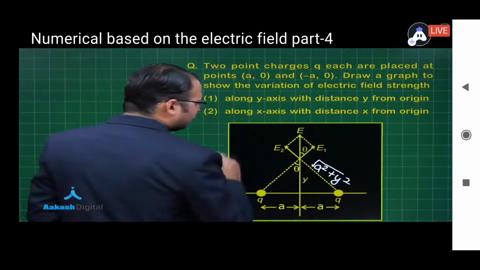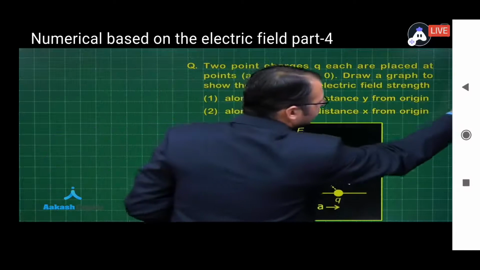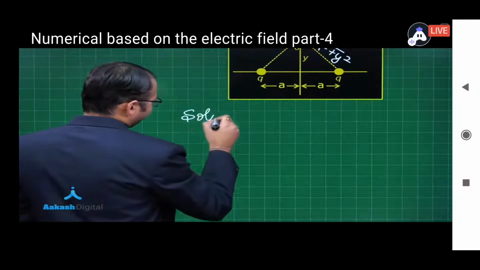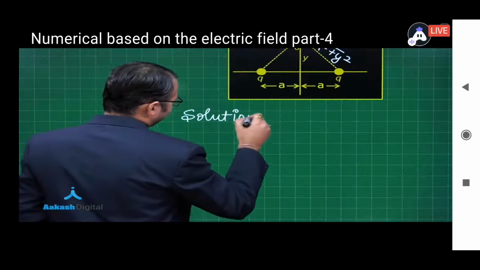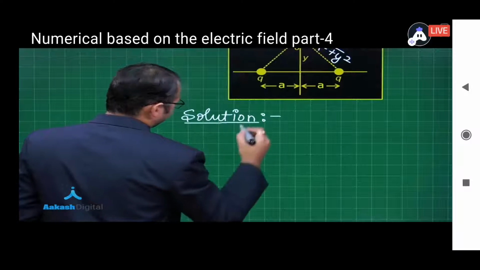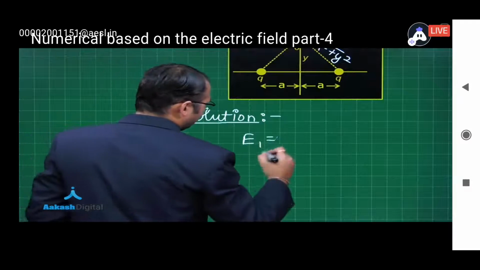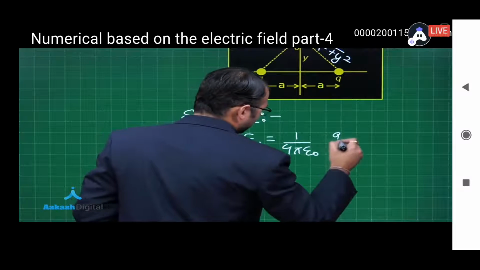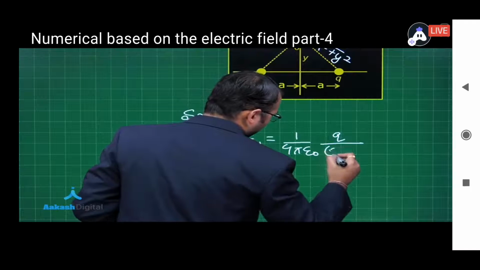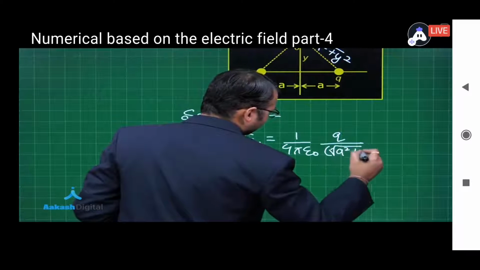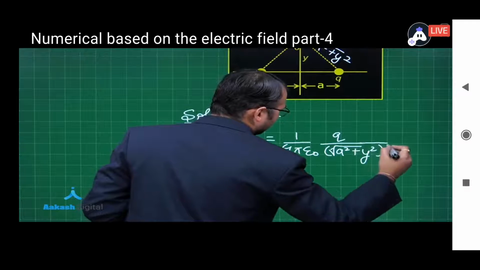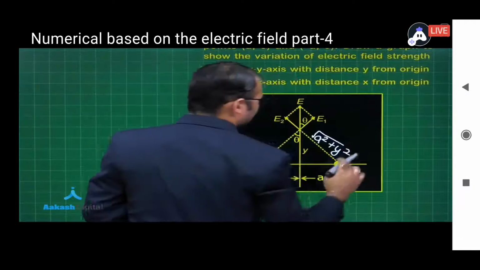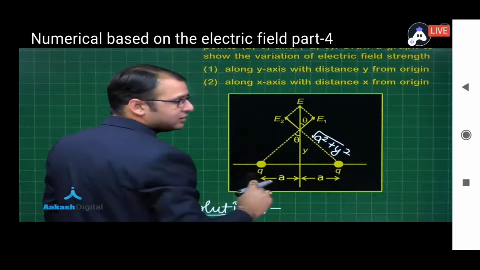So what would be the value of E2? If you understand well, the value of E2 will be simply, so E1 would be 1 by 4 pi epsilon naught q upon under root of a square plus y square whole square. Why so? Because the distance between the q and this point is this.